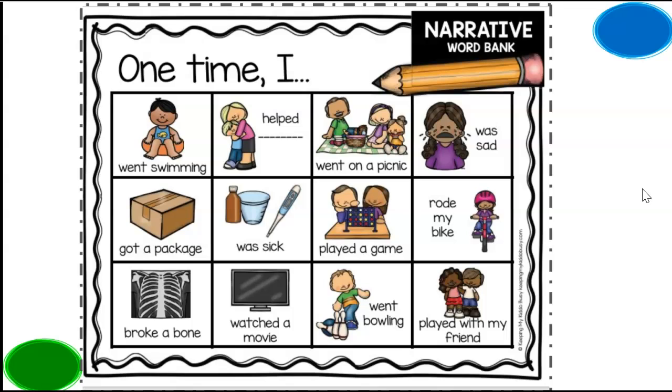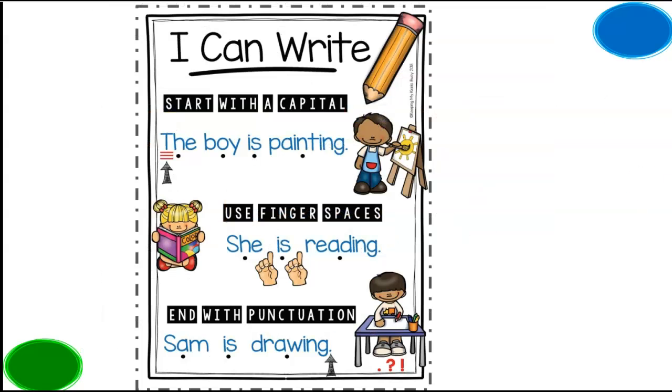When you're done, your adult learner will take a picture and you will upload it on the next activity. Don't forget, when you are writing your sentence, make sure you start with a capital. You're using finger spaces between your words, and you end with a punctuation.